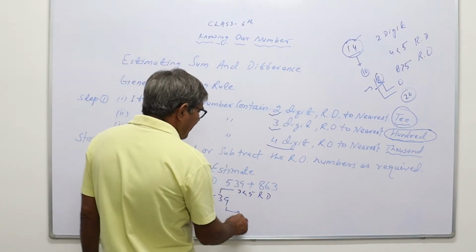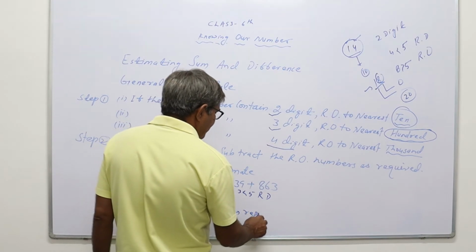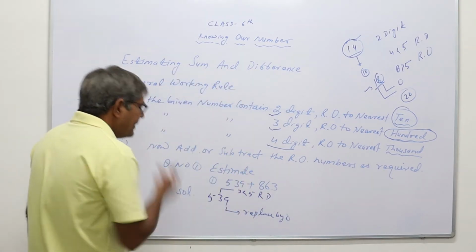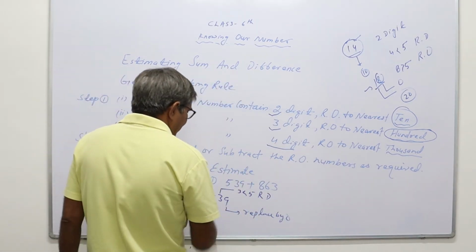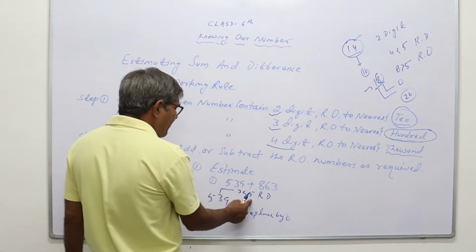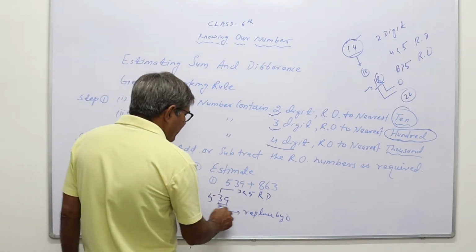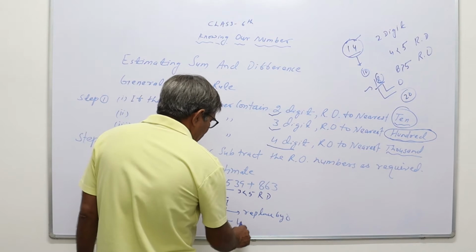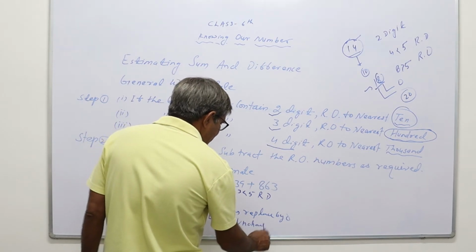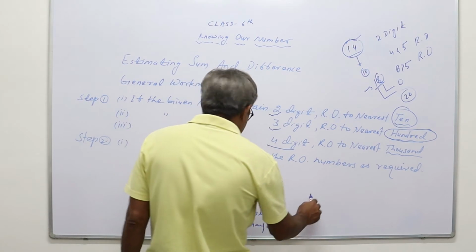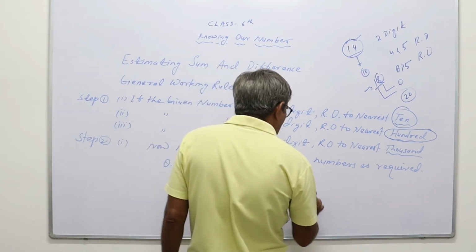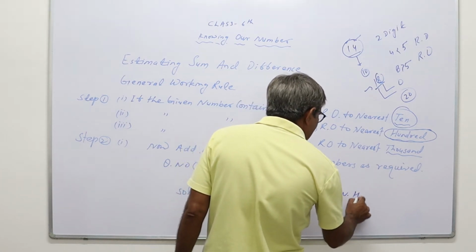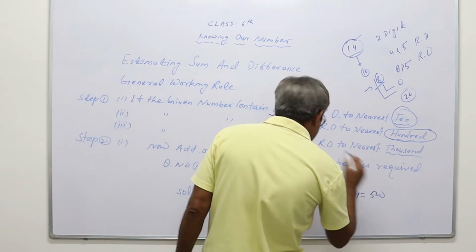Now 9 will be replaced by 0, and this 3 is less than 5, so these 2 digits will be replaced by 0 and the next digit will remain unchanged. So the round off to the nearest 100 will be equal to 500.